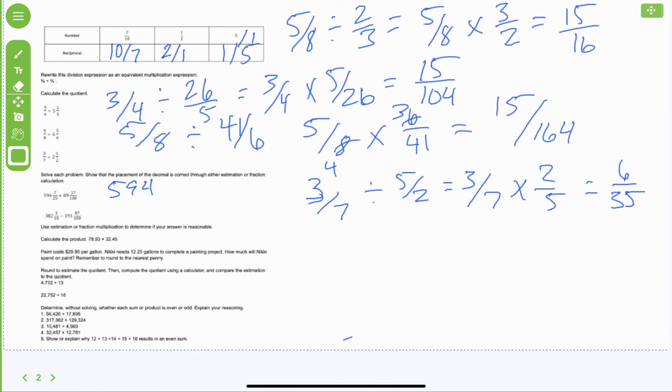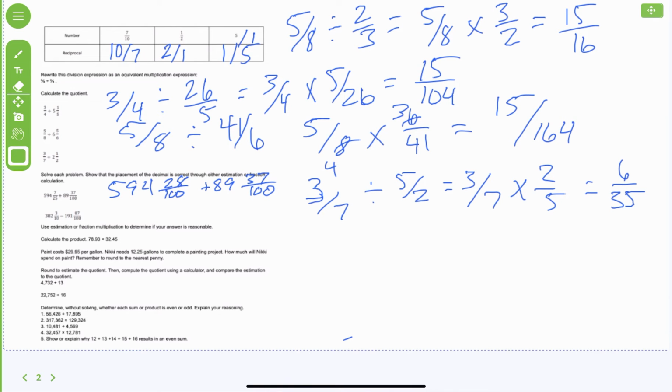Since the denominator is 25, all I have to do is multiply the top and the bottom by 4, and I make it over 100. So 7 times 4 is 28 over 100 plus, and we can just leave the other one alone.